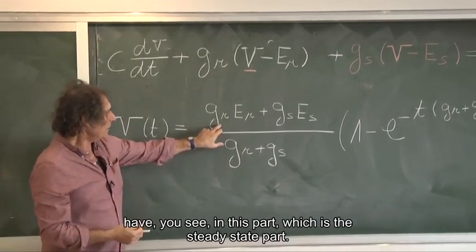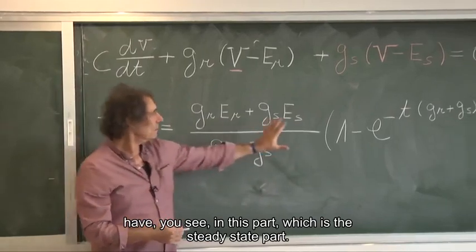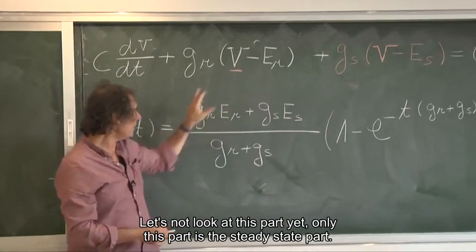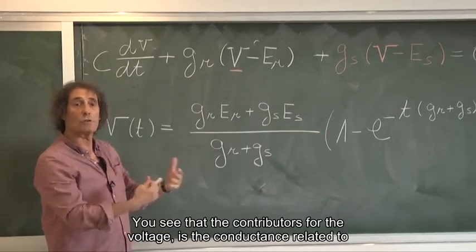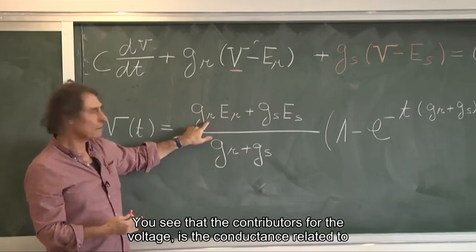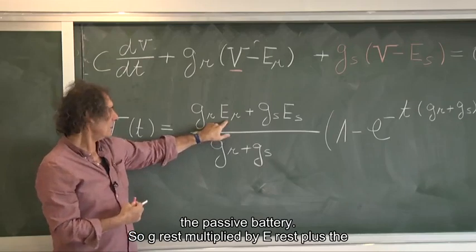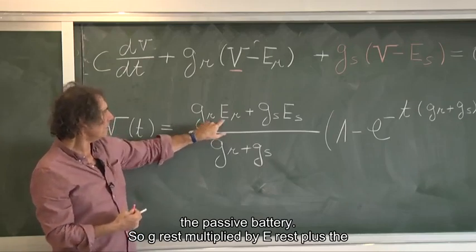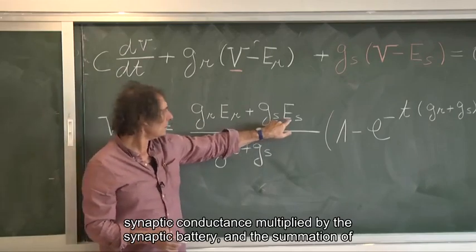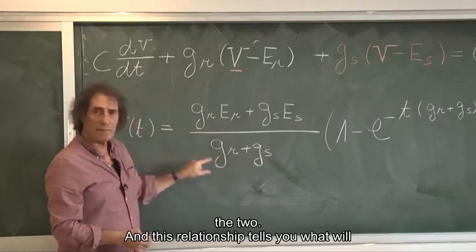where you see this part, which is the steady state part. Let's not look at the other part yet. Only this part is the steady state part. You see that the contributors to the voltage are the conductance related to the passive battery, so G rest multiplied by E rest, plus the synaptic conductance multiplied by the synaptic battery, and the summation of the two.